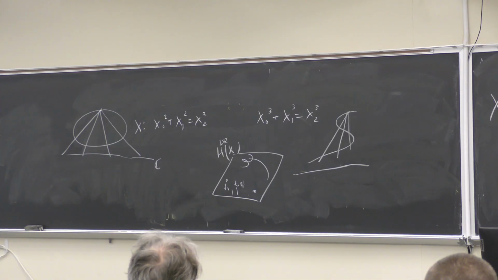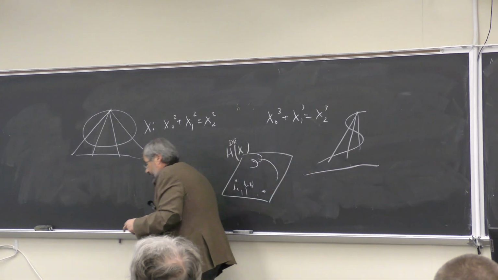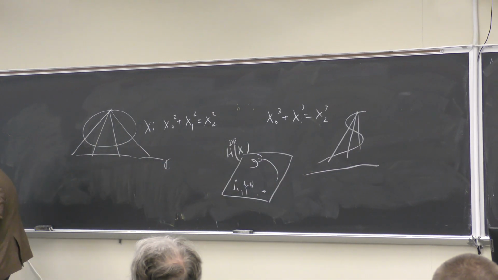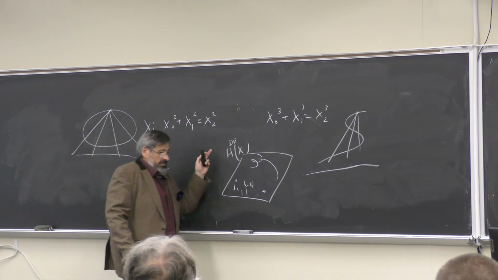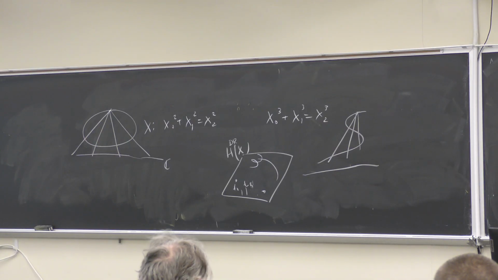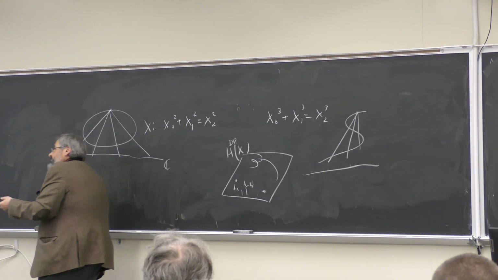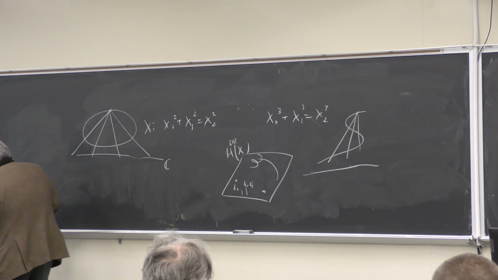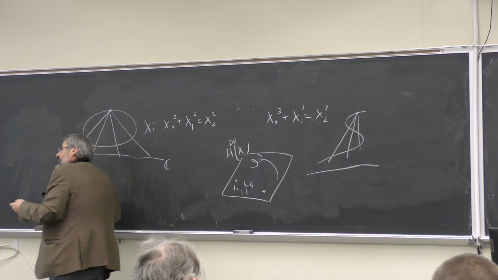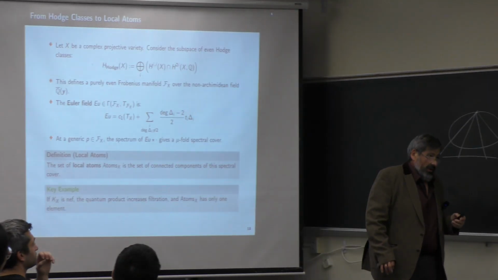These local pieces, in other words the components of this spectral covering outside the ramification divisor, are going to be called atoms. In the case when this is something of general type, or Calabi-Yau, meaning that Kx is nef, the atom actually consists of just one component. We have only one atom, and that is going to play an important role in our considerations.